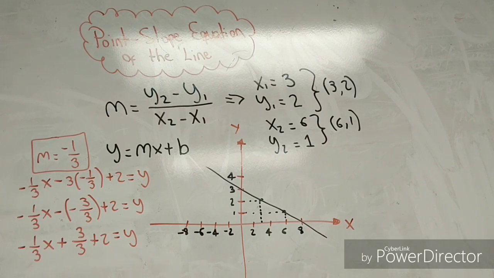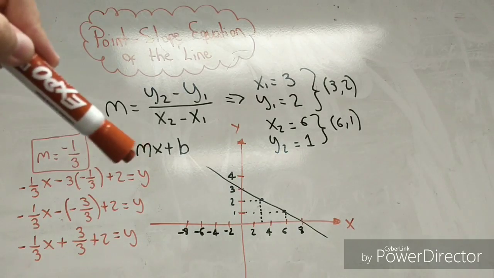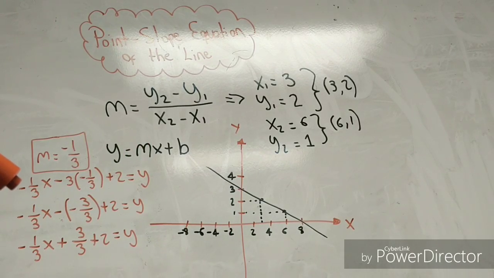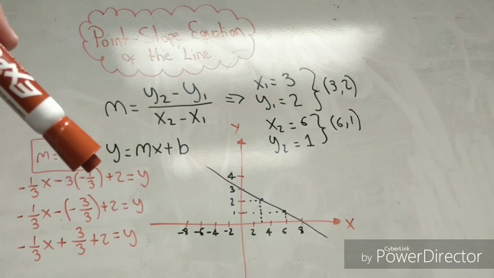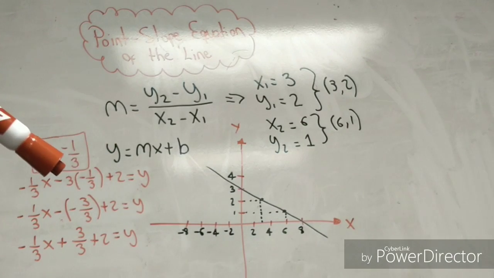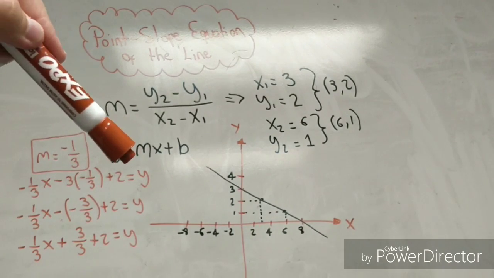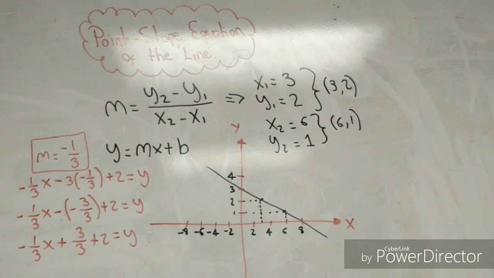After doing this, we're gonna replace the value of the slope. We know that the slope is minus 1/3. So we're gonna use it in the formula that we created before: minus 1/3 times x minus 3 times m, which is minus 1/3, plus 2 would be equal to y.